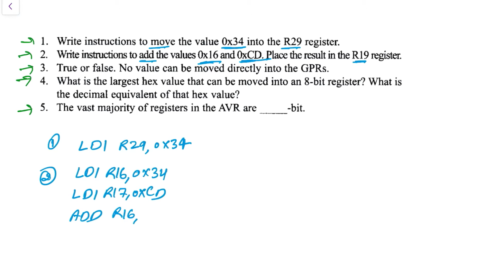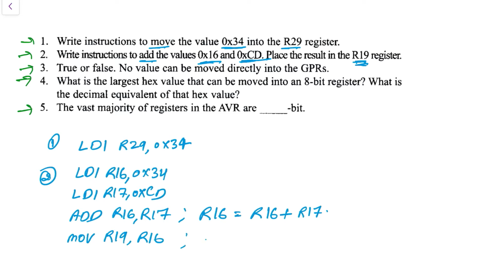Once we do the add operation, we can say add R16 and R17, and then R16 will be loaded with R16 plus R17. Okay, and now the result should be placed into R19. Then we can move R16 into R19. That means R19 will be moved in from R16.